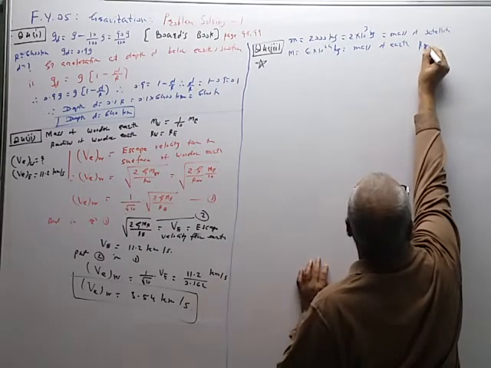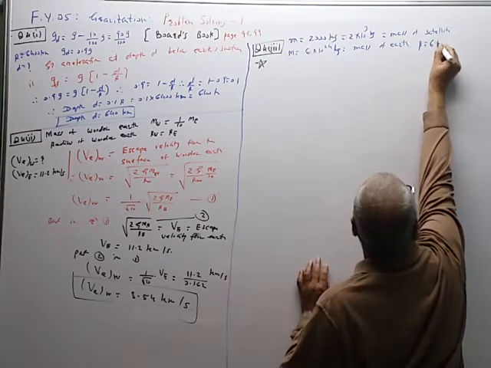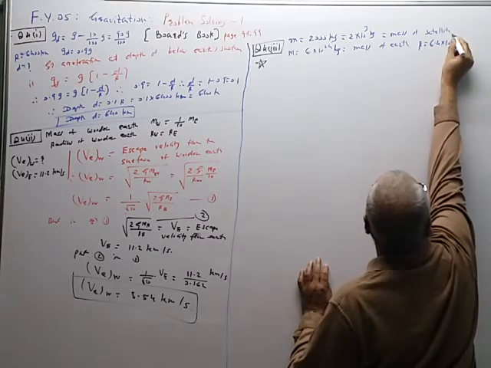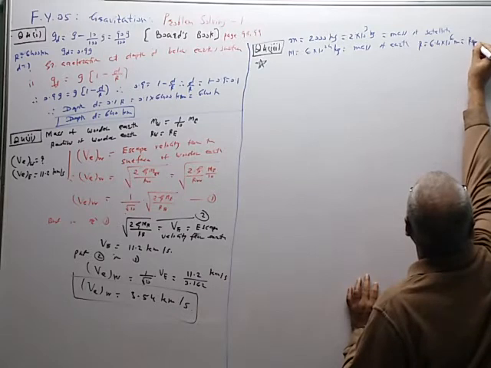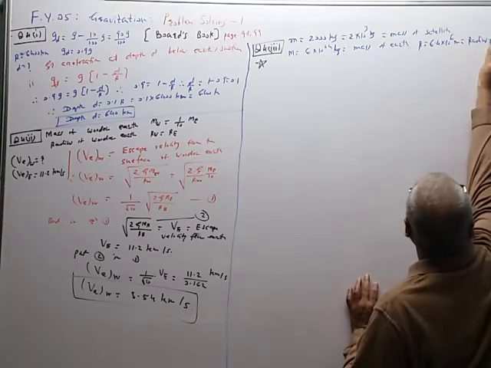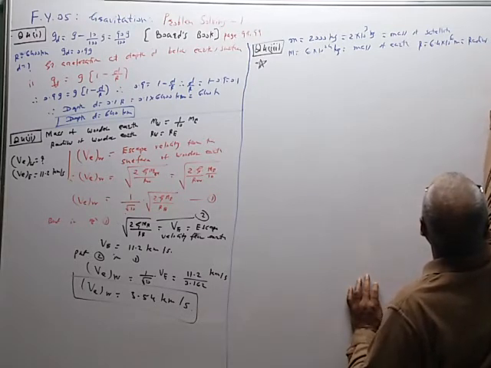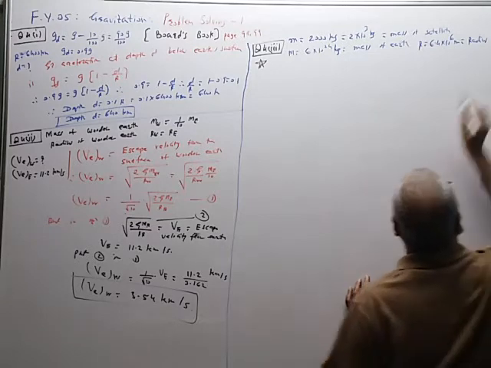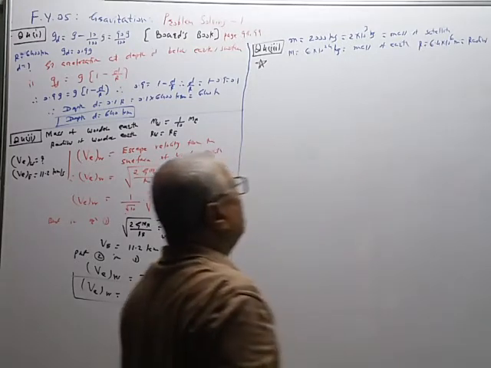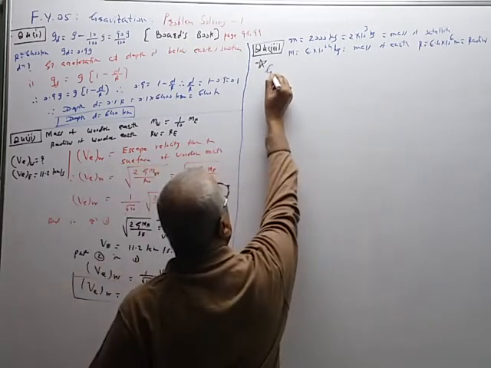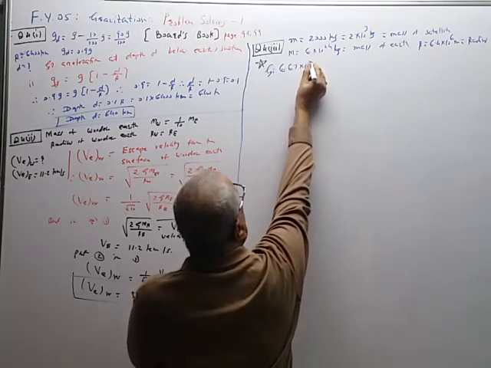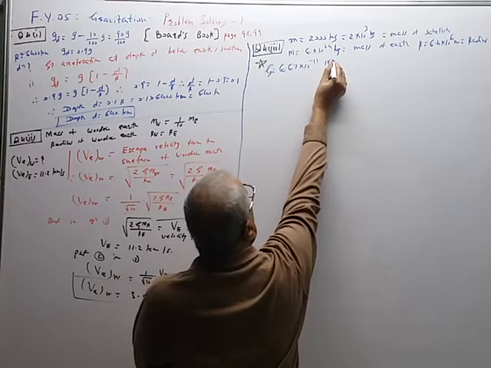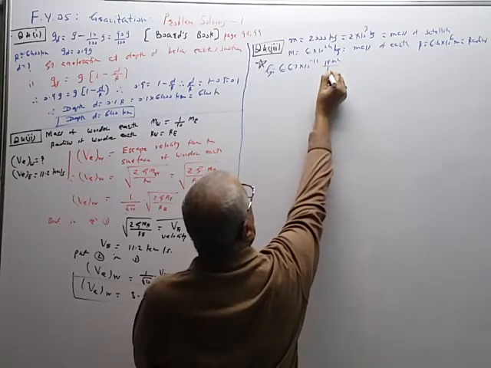Capital R is equal to kilometer के लिए 6.4 into 10 to 6 meter is equal to radius of the earth. Capital G is equal to universal constant 6.67 into 10 to minus 11 Newton meter square per kg square.